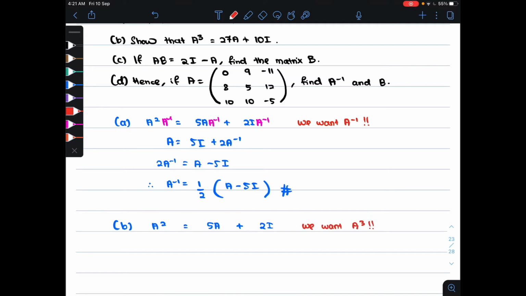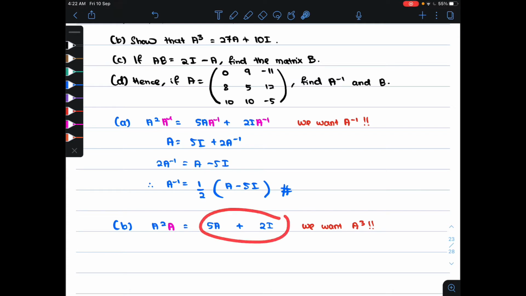And now we want A cubed. Okay, so kita nak A cubed. Tapi kat sini, yang paling tinggi yang ada pun adalah A square. Therefore, in order to get A cubed, we're gonna multiply everything here with A. So, I'm going to put A on the right side.